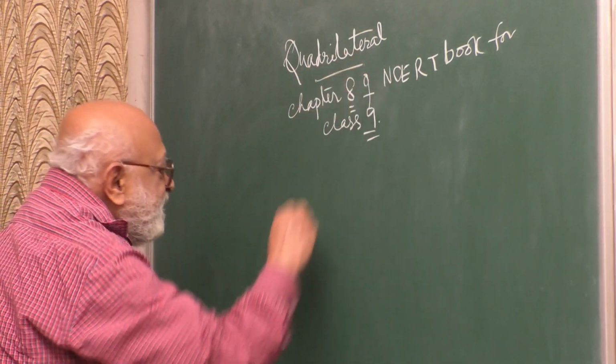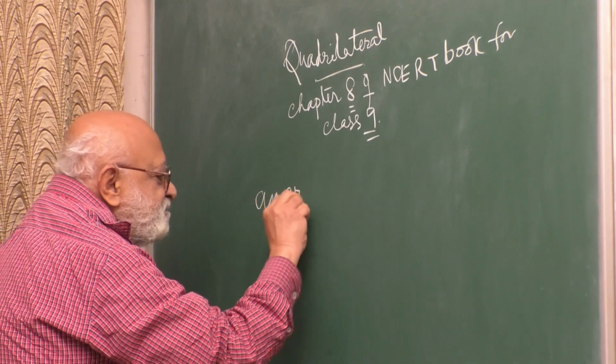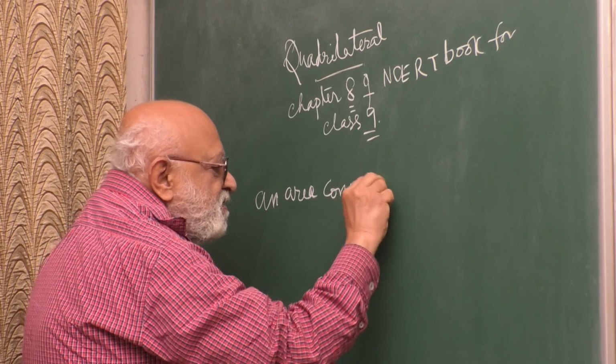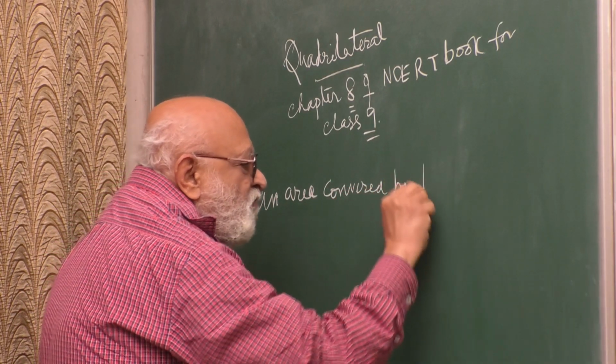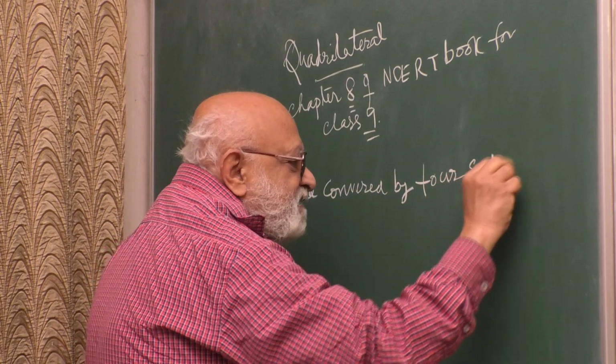Quadrilateral means an area covered by 4 sides.